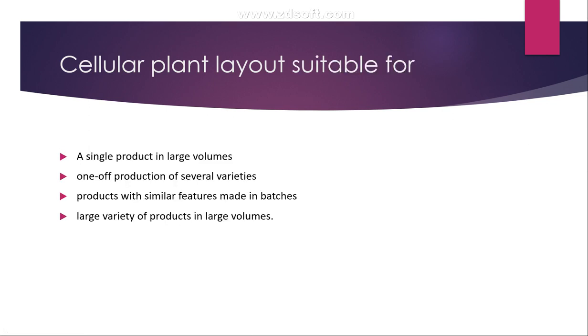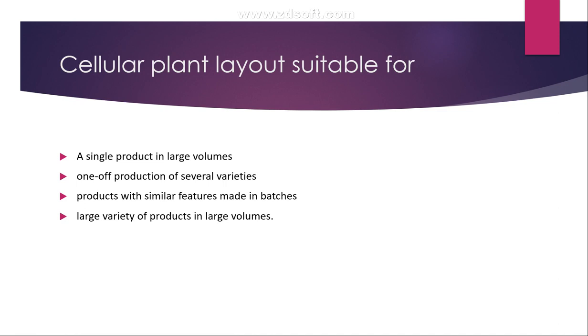Okay, let's see. This plant layout would be suitable for a single product in large volumes, production of several varieties, and products with similar features made in batches, and a large variety of products in large volume.